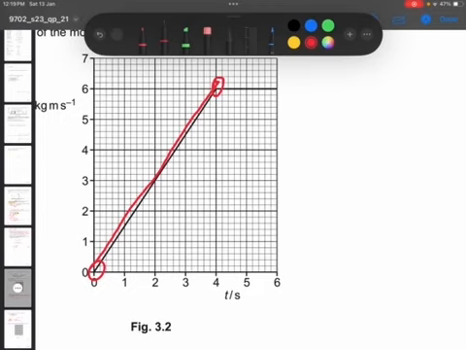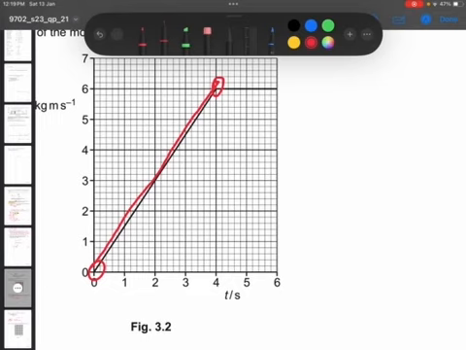We have already been told that the frictional force is constant, meaning that if frictional force is constant and resultant force is constant, then force X will also be constant. So the force X will be constant at 3.5 as we have found it.